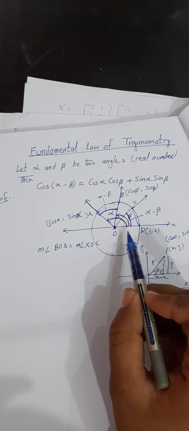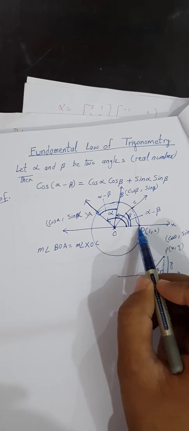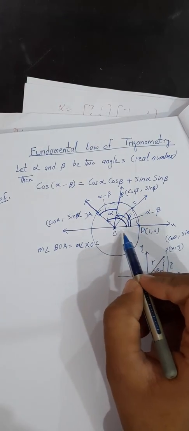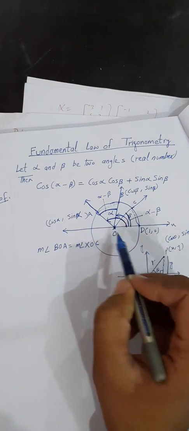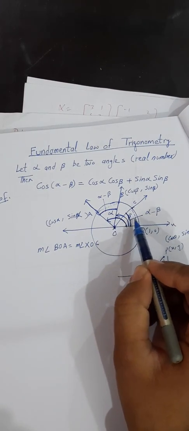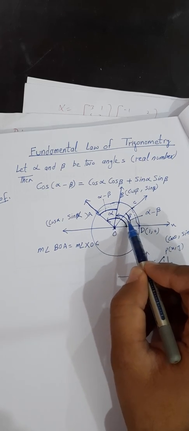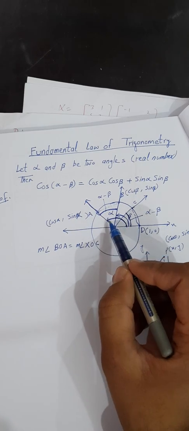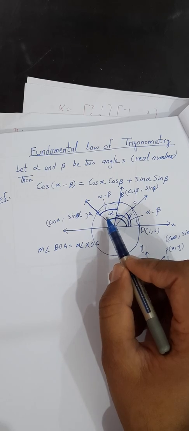Now we can decide that this is the triangle COD and this is triangle AOB. In both triangles, the angle alpha minus beta and alpha minus beta are equal to each other. The one angle and two sides, OD and OC, these both are radius of the circle, are equal to each other, and OB and OA also radius of the circle, are also equal to each other.